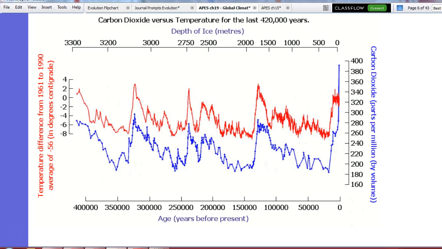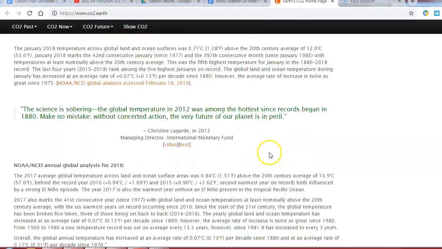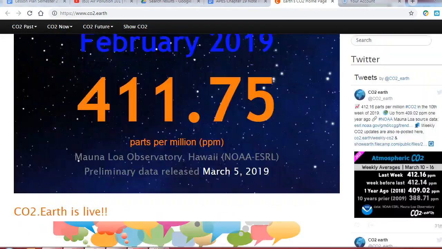Notice, CO2 has never been above 300 parts per million in the last 400,000 years. Guess where it's at right now? Up here. Okay? So if we look at what our current CO2 is in the atmosphere, there is a page where you can go to, and it'll tell you.